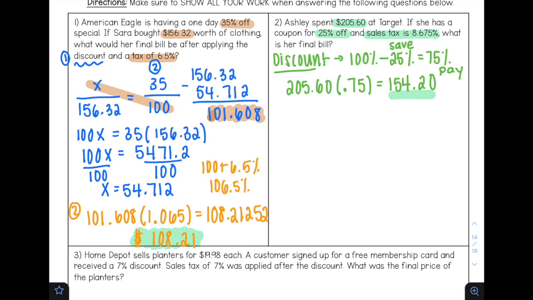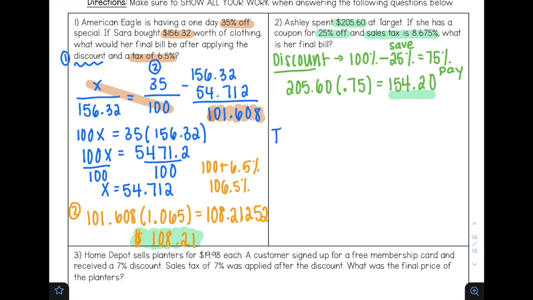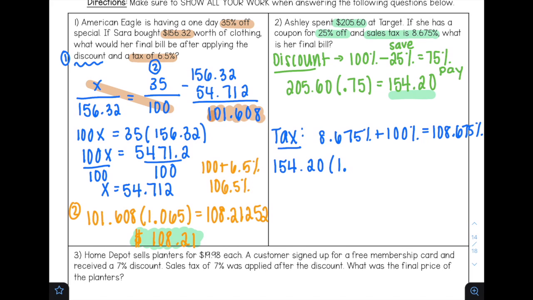So I'm going to use my 154.20. I'm going to apply my tax now. So my tax is 8.675%. I know that it's an increase, so I'm going to do the same method: $154.20 times, as a decimal, my 108.675% is going to be 1.08675.